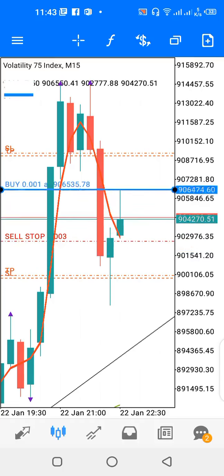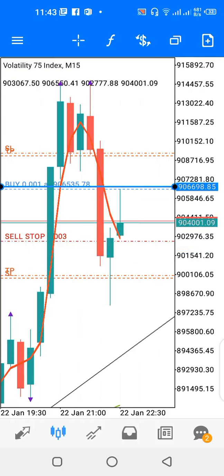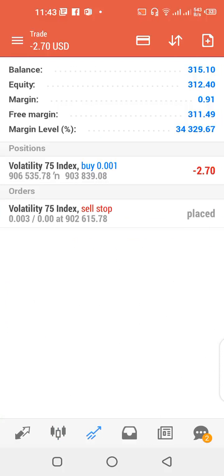But for each edge trade, I'll be multiplying the total opposing trade by 3. Now, currently I have 0.001 as my current trade. Multiplying it by 3, I have 0.003. Now, multiplying 0.003 by 3, I'll be having 0.009, but I already have an existing 0.001. Removing that from 0.009 will leave me with 0.008.